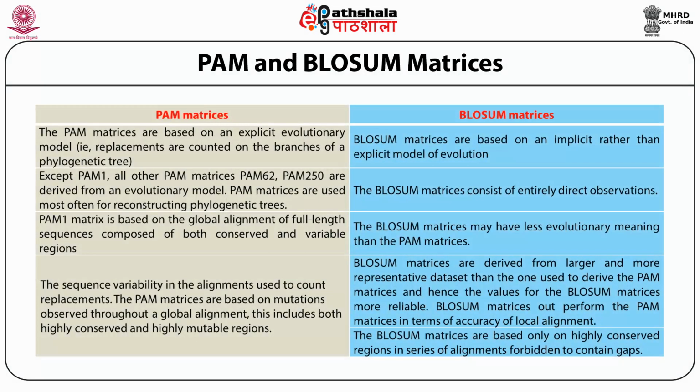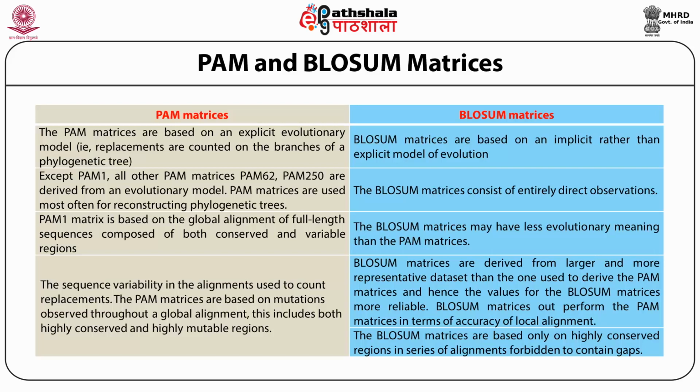So I discussed the PAM and BLOSUM matrices. Now let's see the difference between them. PAM matrices are based on an explicit evolutionary model, that is, replacements are accounted for on the branches of the phylogenetic tree, whereas BLOSUM matrices are based on an implicit model rather than an explicit model of evolution.